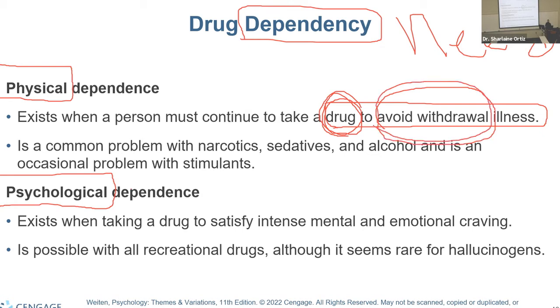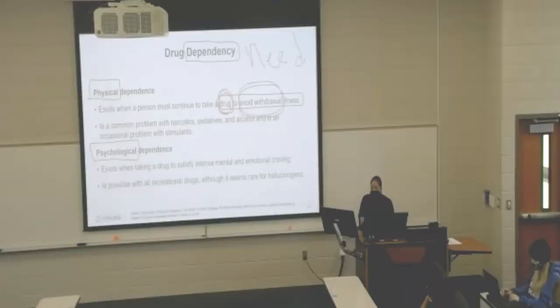And when I say drug, I mean anything. I mean alcohol, caffeine, nicotine, hallucinogens, cocaine, sedatives, whatever form of stimulant or depressant that you're utilizing. Now we need physically this particular drug because your body has become accustomed to it at a physical level.